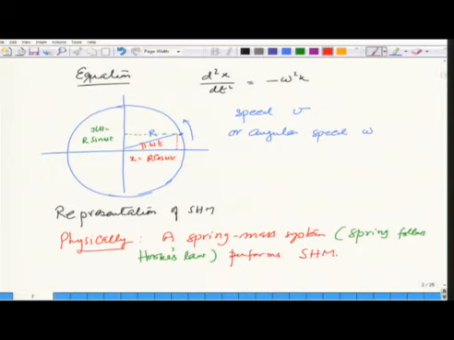So, this is a setup against which now in this lecture I am going to show you and discuss with you some more examples of where you see simple harmonic motion.